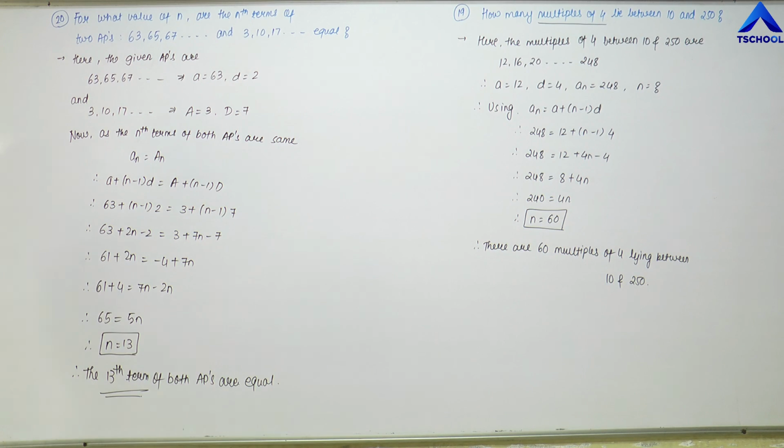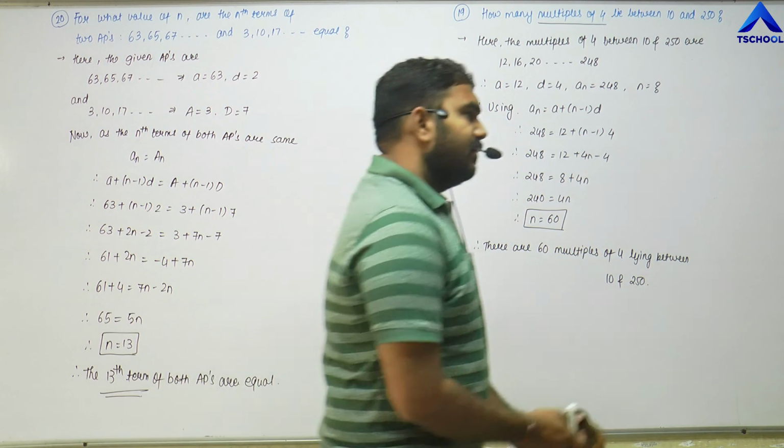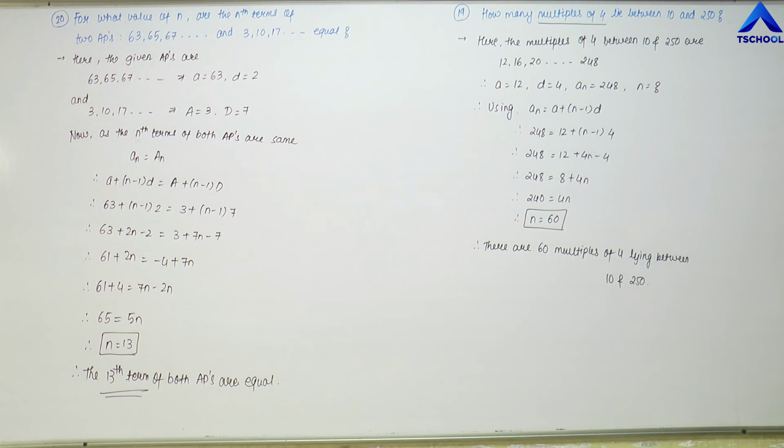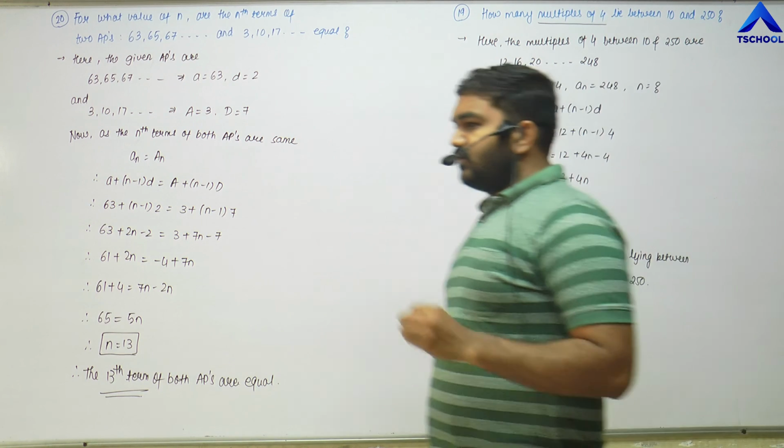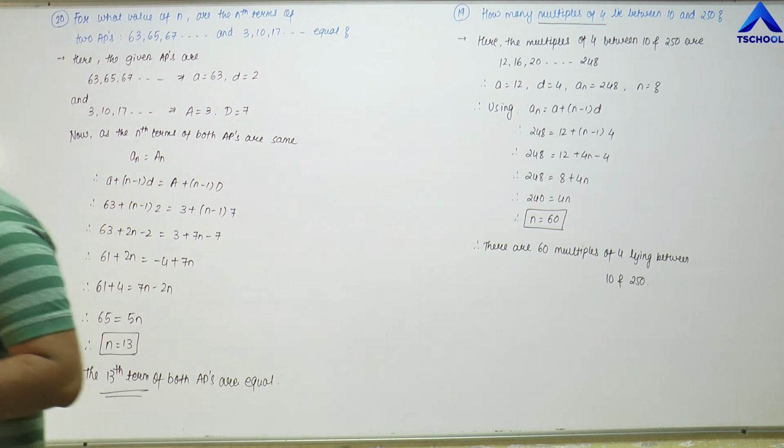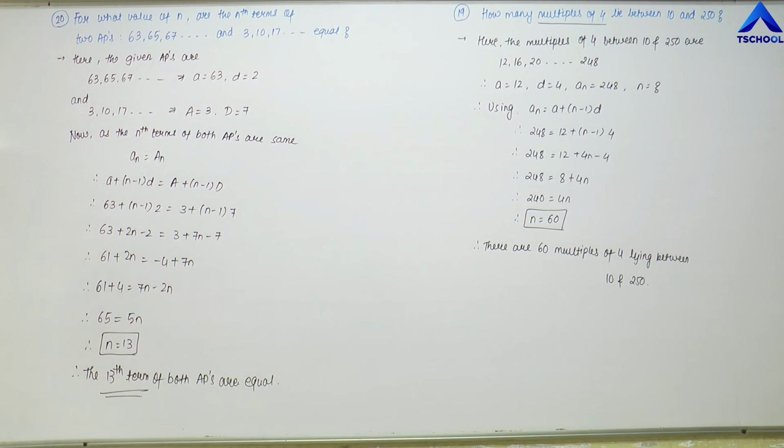So in this way you can find out how to get the common value of n for two different APs given to you. Is it clear, friends? So that is the maximum type of sums that we have solved here related to the nth term of an arithmetic progression, related to the formula an equals a plus n minus 1 into d.